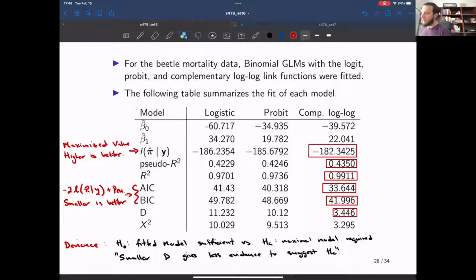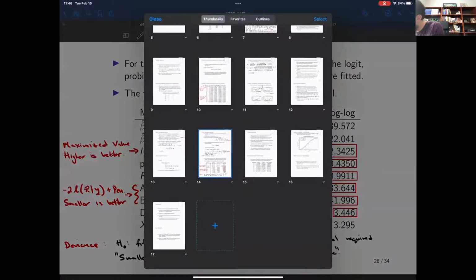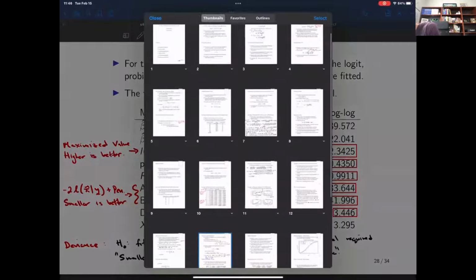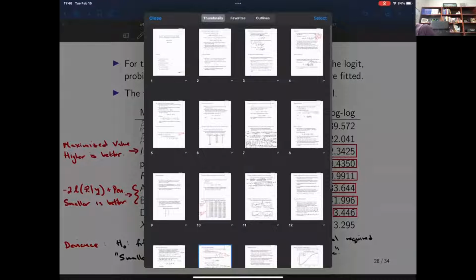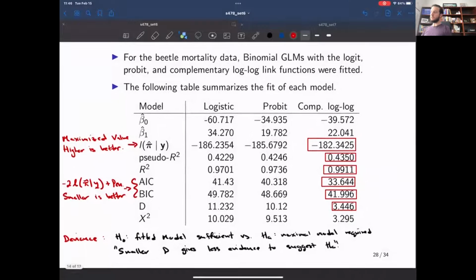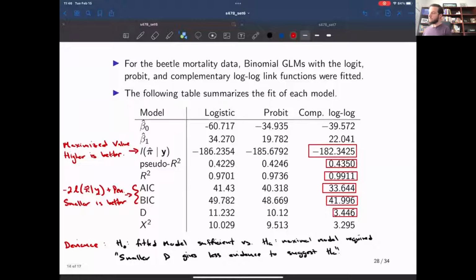All right, and then the last value we have is the chi-square, or the x squared value. So the x squared value has the same asymptotic distribution as the deviance, so it would give the same suggestion.